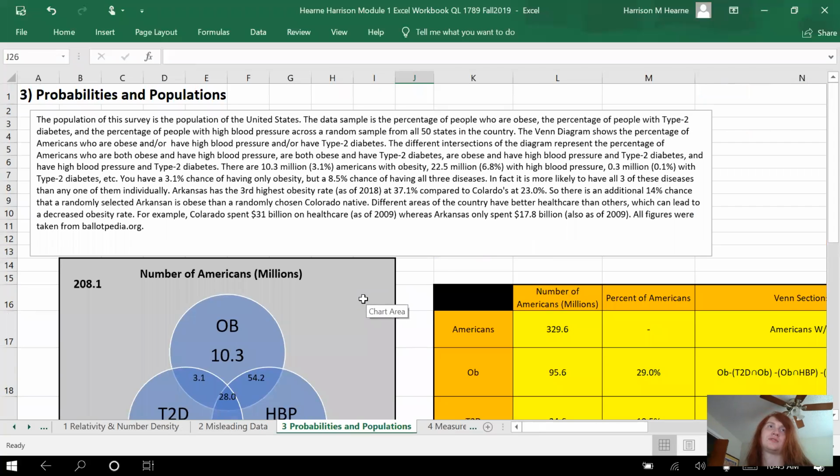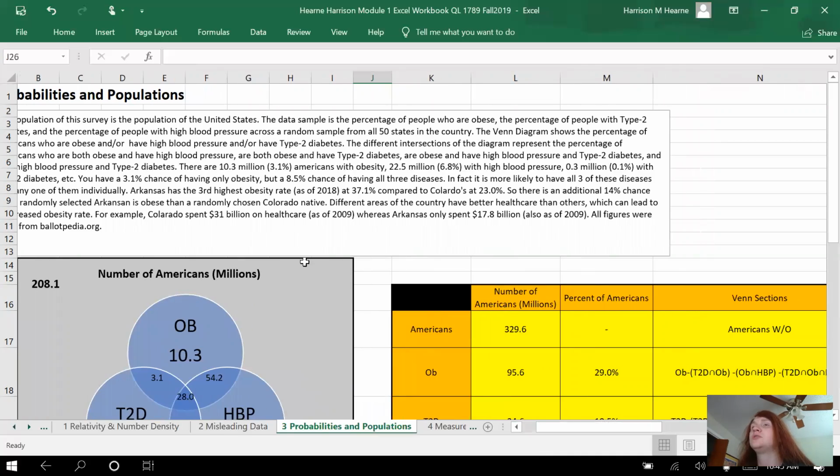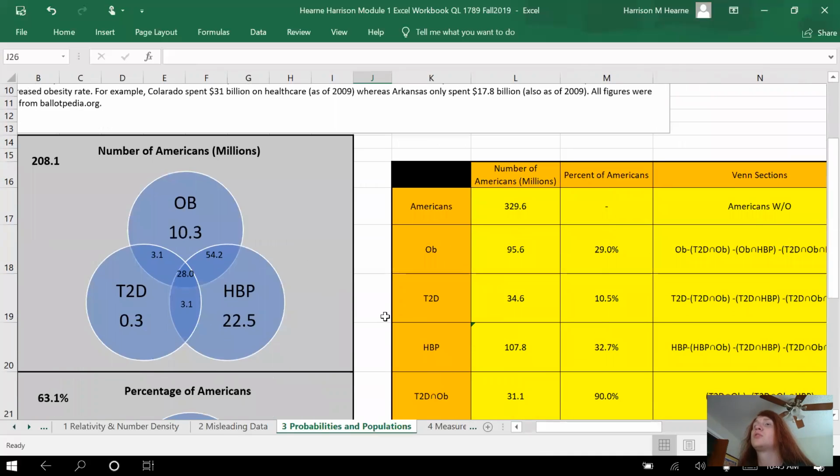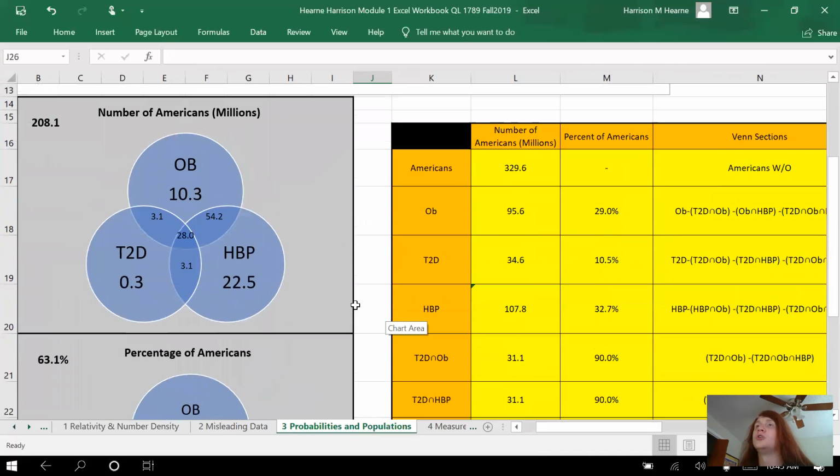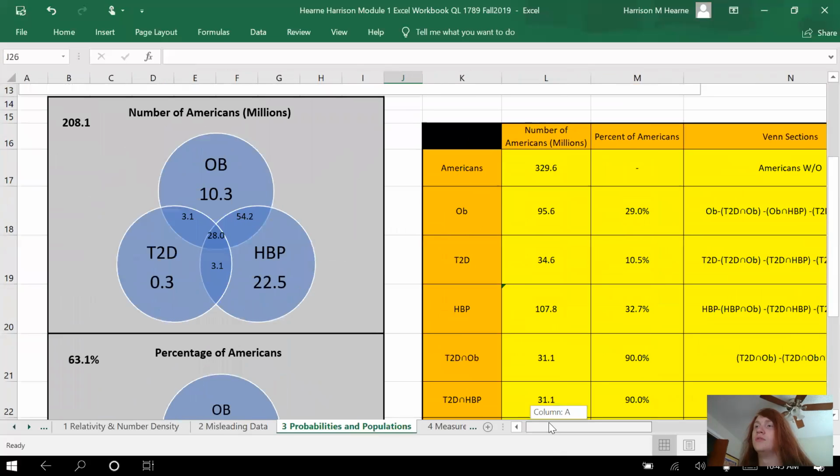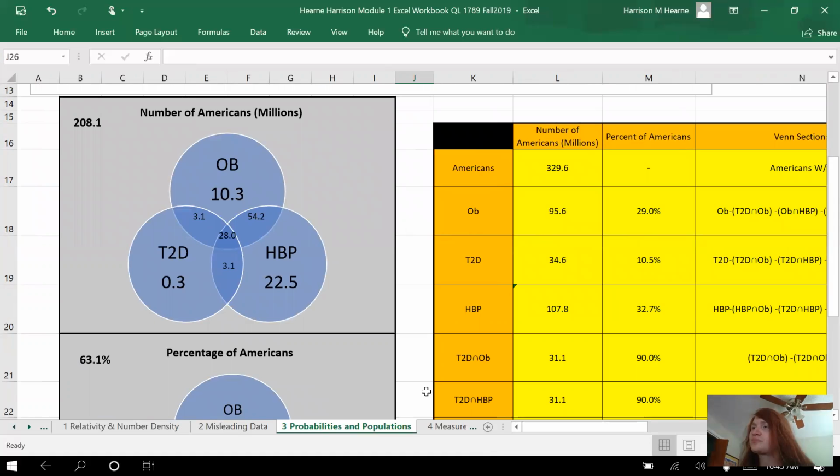So this scenario is dealing with the percentage and the number of Americans who have obesity, type 2 diabetes, and high blood pressure, and any combination of those people.